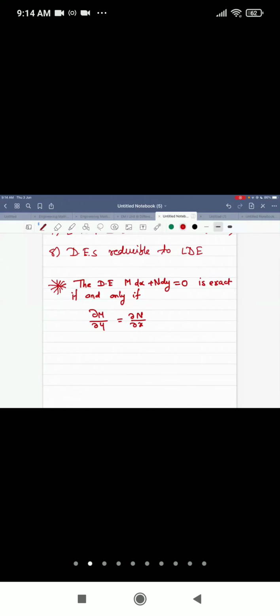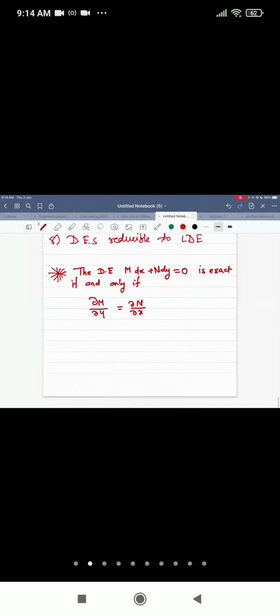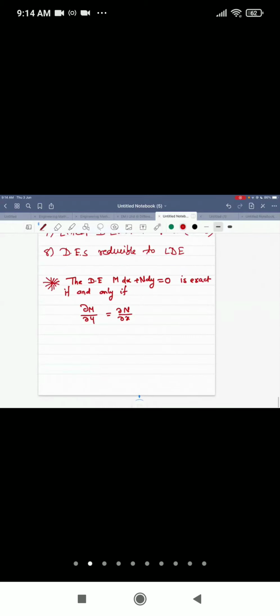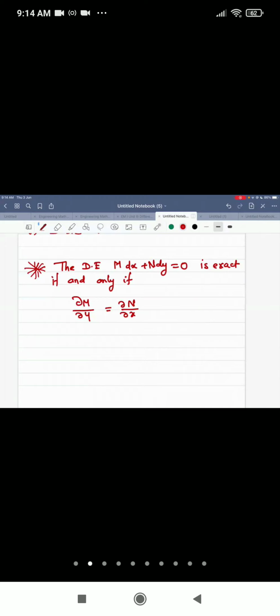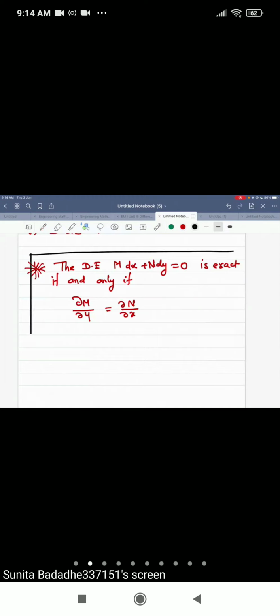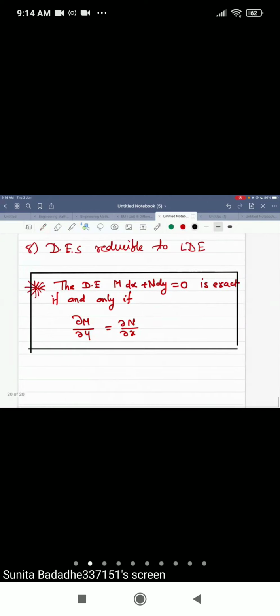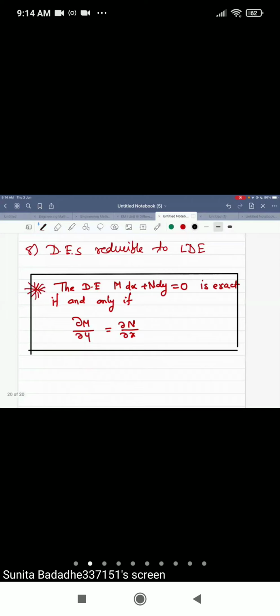So if you remember how to find the partial derivative, then only you can solve the examples on exact differential equations. Okay, so highlight this condition and write it in your notebook. This is the necessary condition for a differential equation to be exact, right?